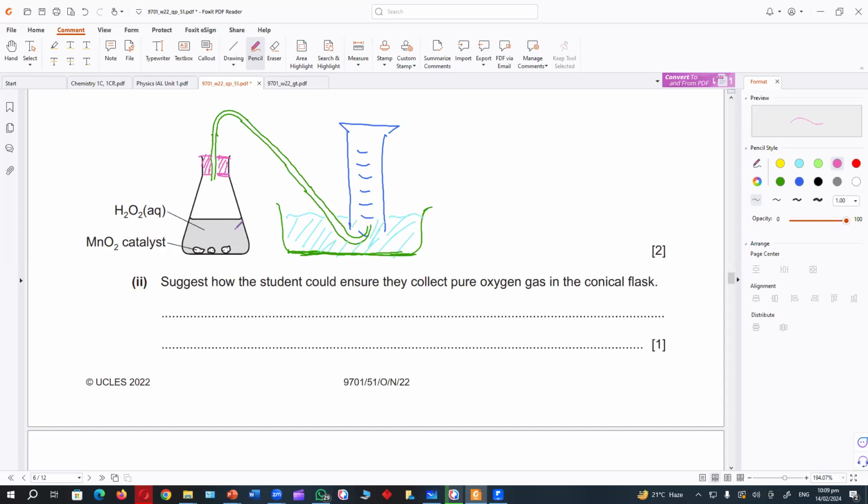So some of the initial gas is always air. So how can we assure it? We can wait longer. We should wait a bit.